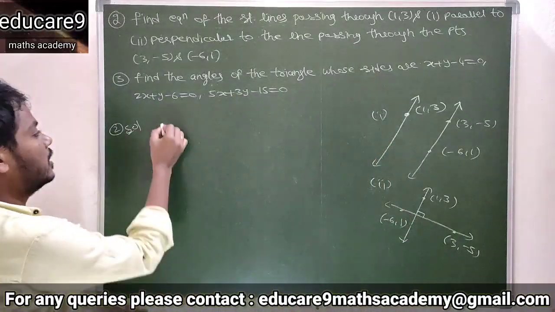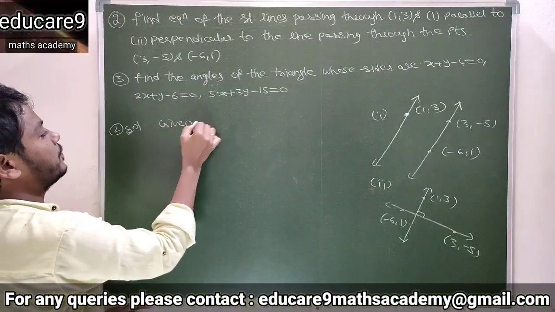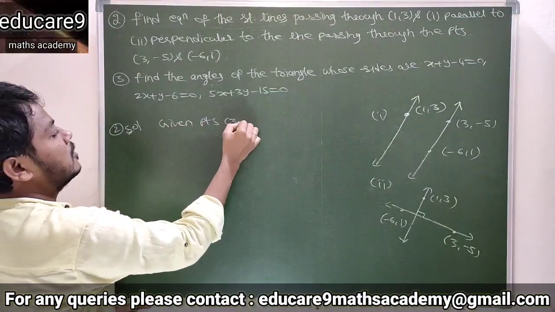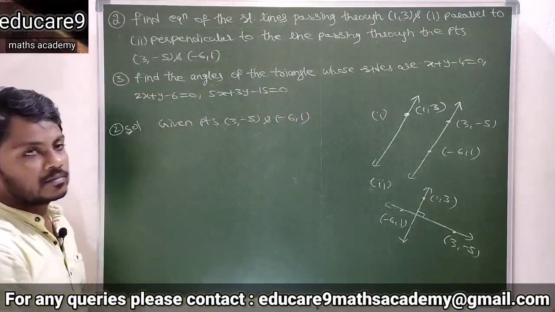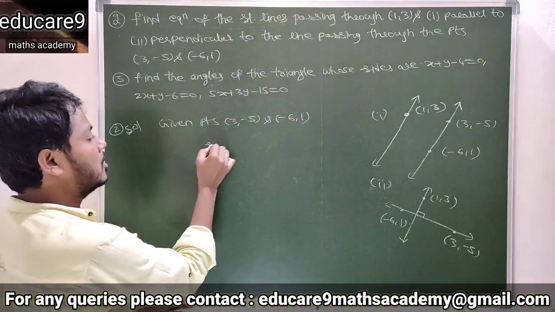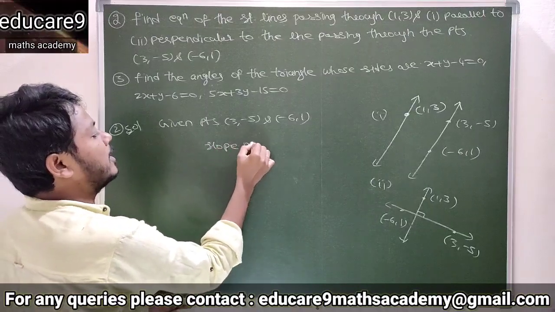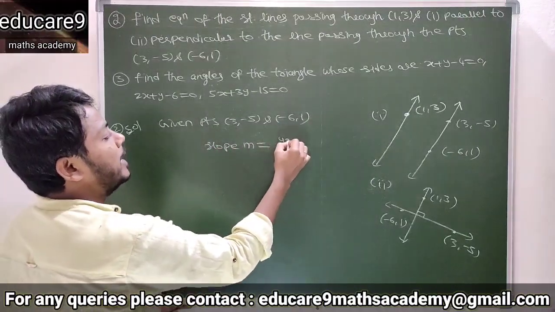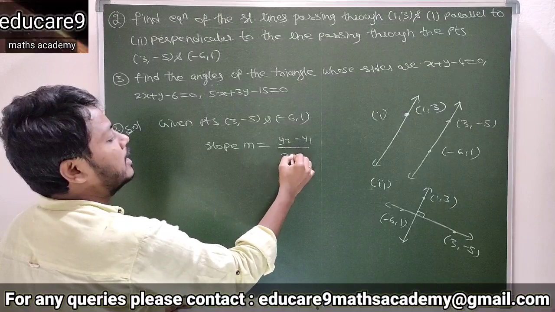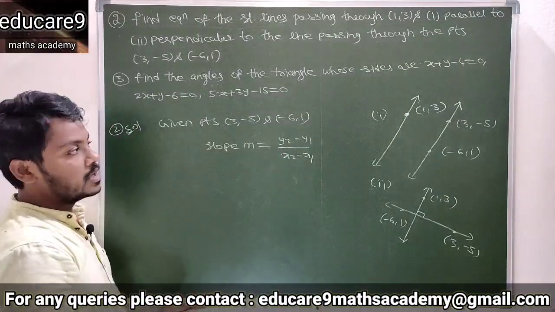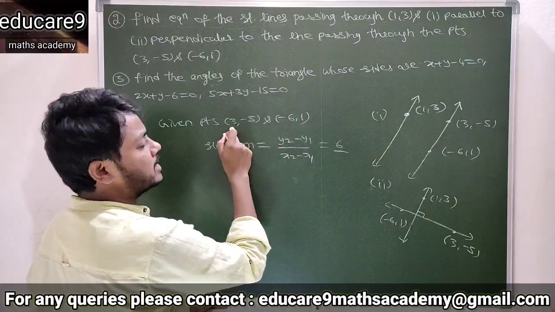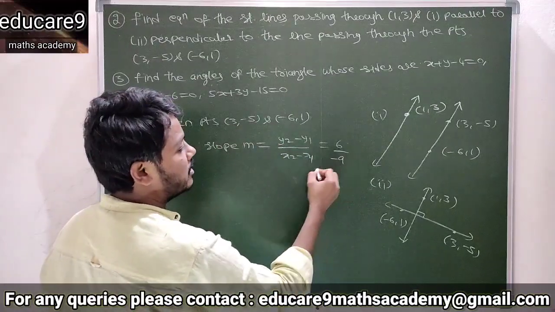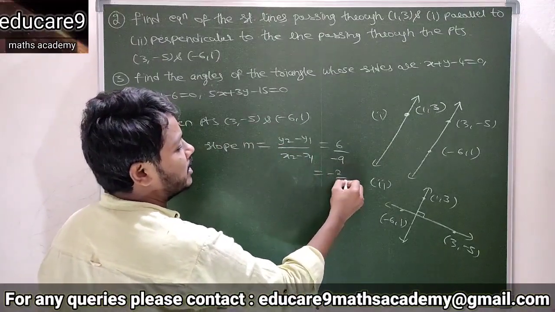So see here, given points 3, minus 5 and minus 6, 1. What is the slope? Slope m is equal to y2 minus y1 by x2 minus x1. So clearly that is 1 plus 5, 6, by minus 6 minus 3, minus 9. So this is minus 2 by 3.